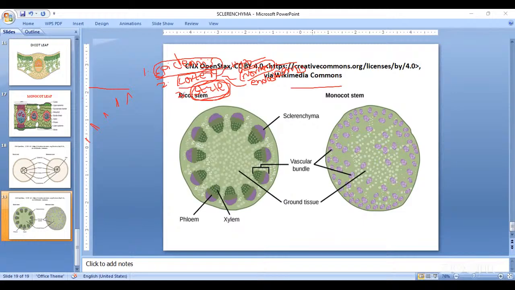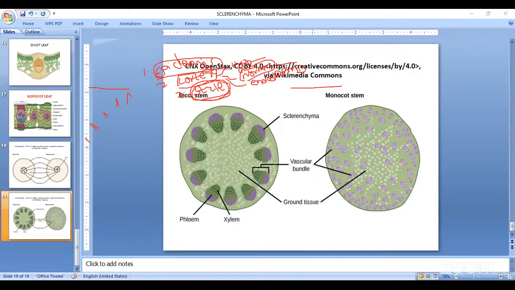If you take the stele region also, in the stele there are pericycle, medulla, and vascular bundles. The pericycle is represented by the cell layer that occurs between the starch sheath and vascular bundle. That means the starch sheath is like endodermis.